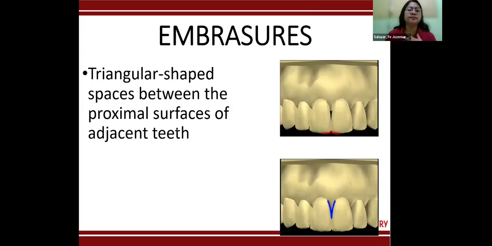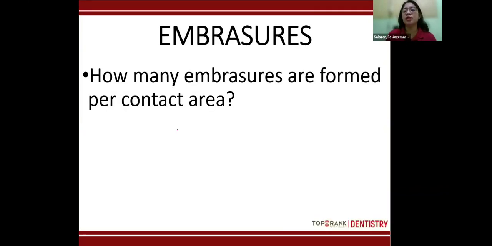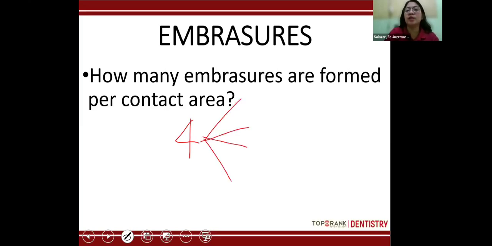Okay? So, how many embrasures are formed per contact area? Ilan ang nafo-form natin na embrasures? We form 4. Yes, very good. Ano-ano yung mga embrasures na to? You have incisal for anteriors, occlusal embrasure for posteriors.